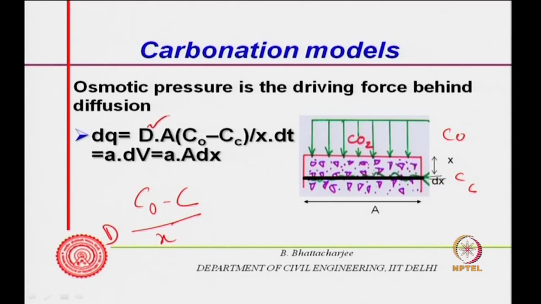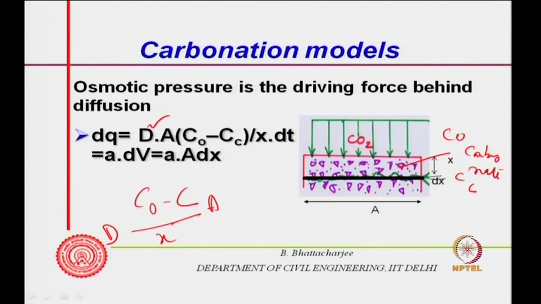D is the diffusion coefficient, and A is the area, since flux is per unit area. The dq is the quantity of carbon dioxide coming to this dx element. This is already carbonated up to depth x, like we showed in the last diagram, and now the carbonation is occurring over this dx element.